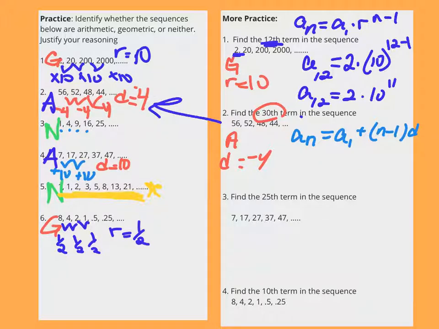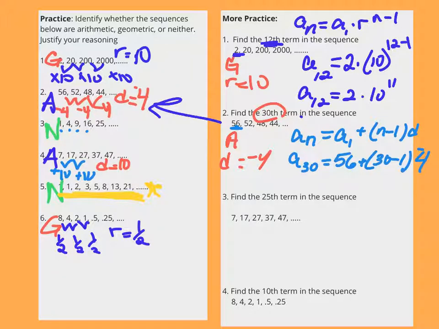So because I'm looking for the 30th term, I'm going to look at a sub 30 is equal to the first term. The first term in this sequence is 56 plus n minus 1. I know my n value is 30, so 30 minus 1 times the d value, which we said was negative 4.